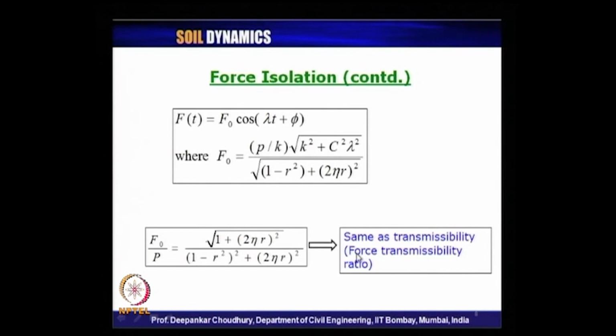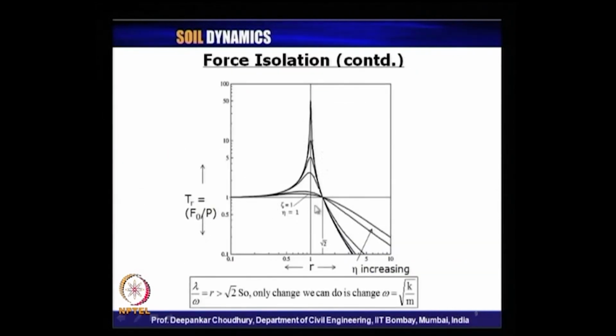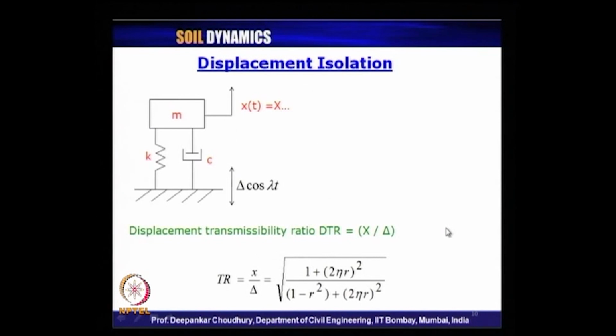So, we termed it as force transmissibility ratio, which varies with respect to different frequency ratio and different damping ratio of the system like this. And we have seen that a value of r greater than √2 will always give us a force transmissibility ratio less than 1, which is desirable for the system as a designer.